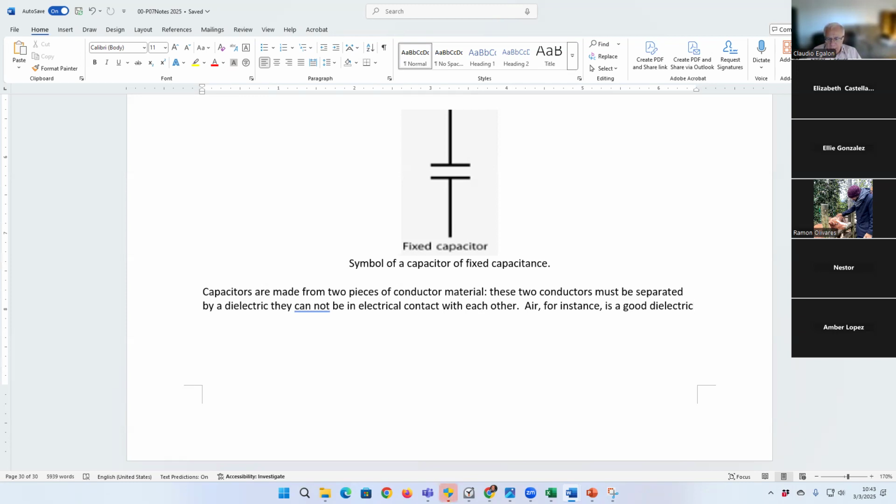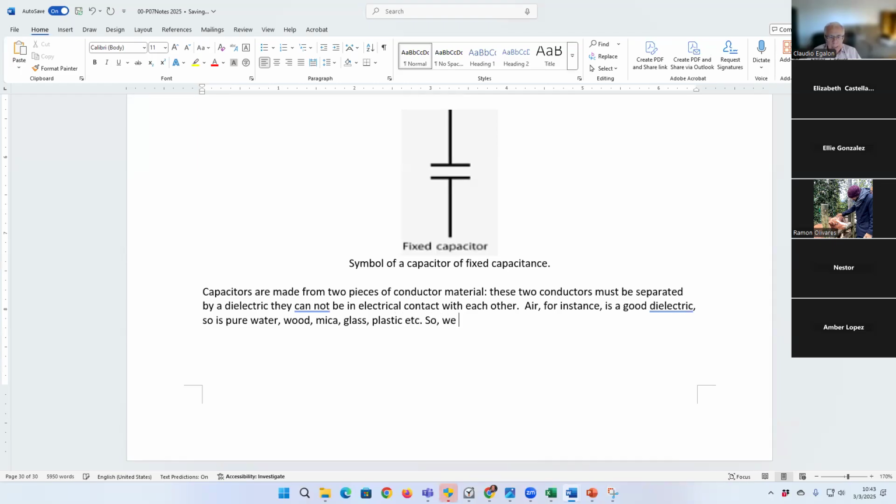Air, for instance, is a good dielectric. So is pure water, wood, mica, glass, plastic, etc. Okay?